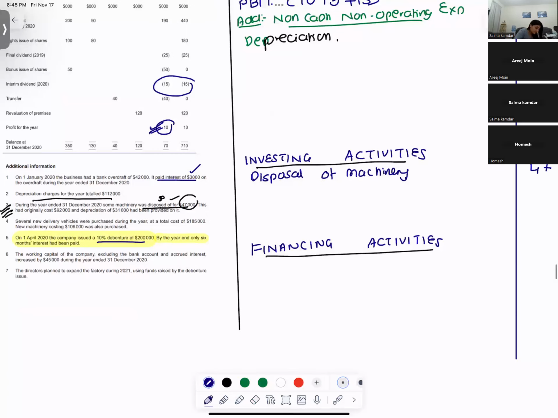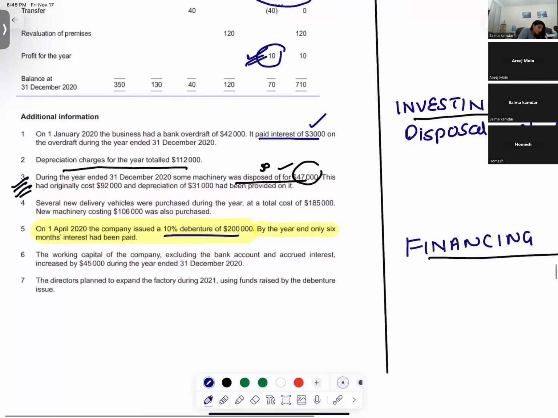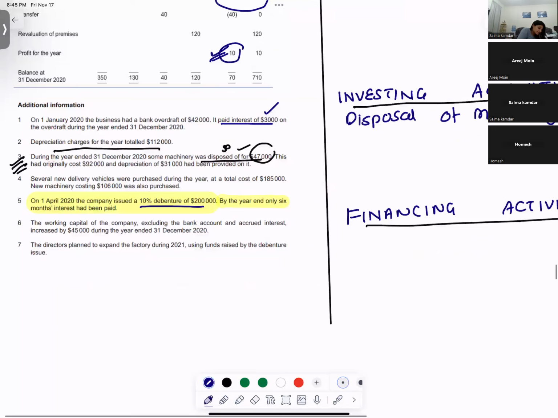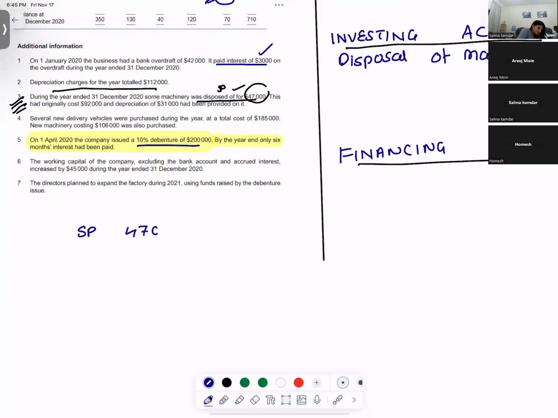Come on. I have disposed of the machinery. Selling price is 47,000. Original cost of the machinery is how much? 92,000. Accumulated depreciation on the machinery is how much? 31,000.